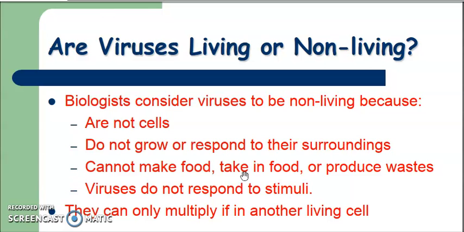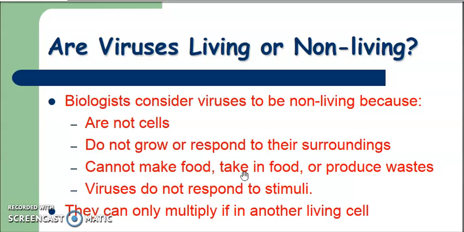One of the characteristics of a living thing is that it can take in food and produce waste. Viruses cannot do that, so we can say they are in the non-living category. And viruses don't respond to stimuli, so that's why they are also non-living.